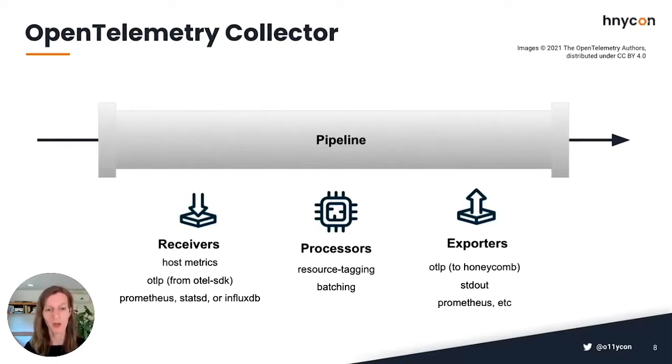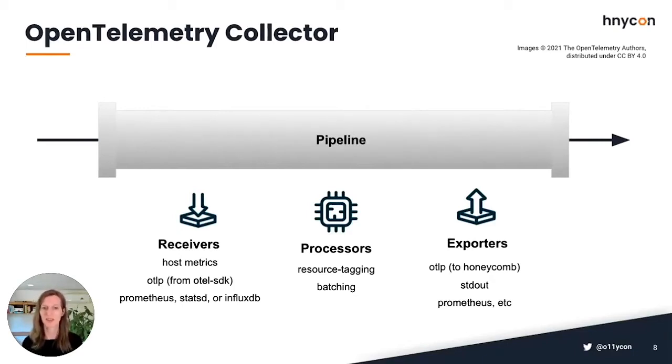For example, OpenTelemetry Collector can scrape Prometheus endpoints, and it can act as a receiver of StatsD or InfluxDB metrics. Common processors include the resource processor, which can add additional data to metrics, like, for example, stamping each metric with data about the host it came from, or the batching processor, which will hold data and release it in regular bursts, resulting in fewer requests downstream.